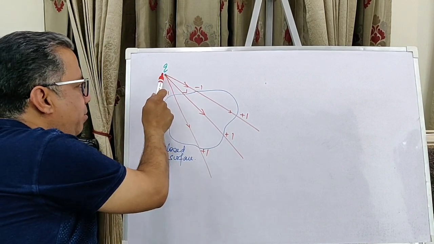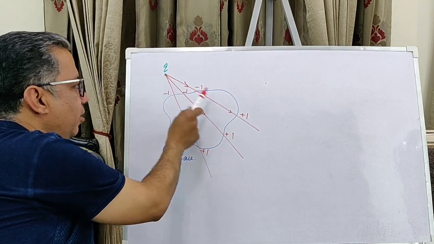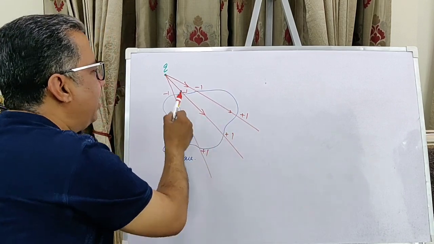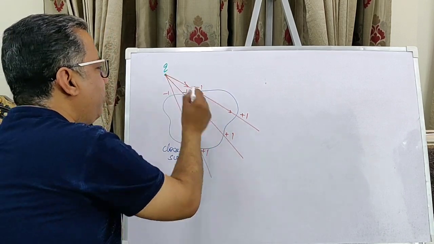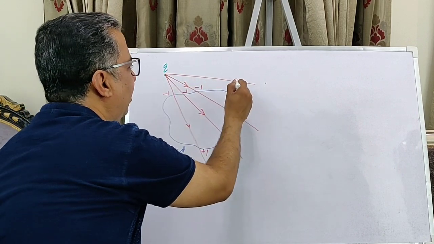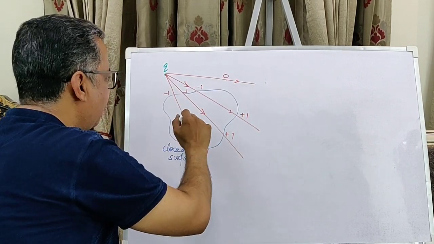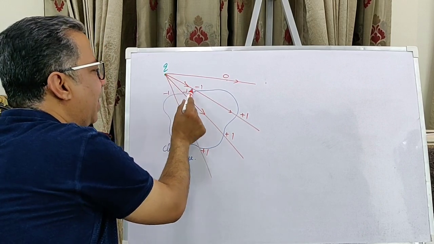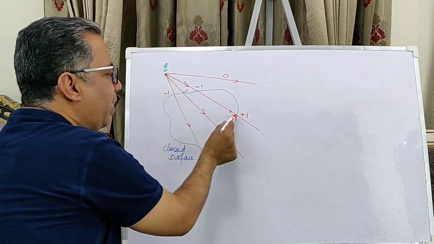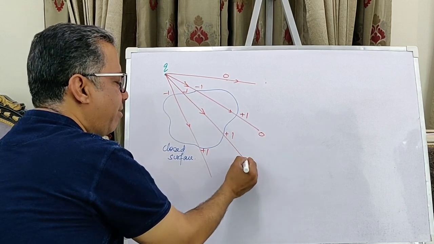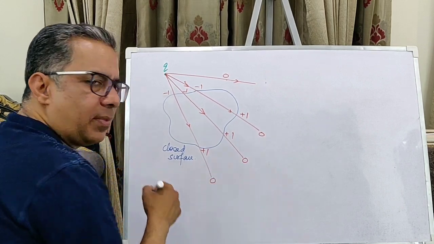So the flux produced due to this charge over this entire closed surface would end up being 0, because either the lines do not enter the surface at all and therefore contribute 0 flux, or the lines have to enter as well as leave the surface, producing a 0 net flux in any case.